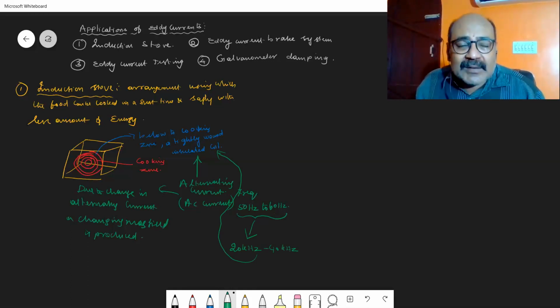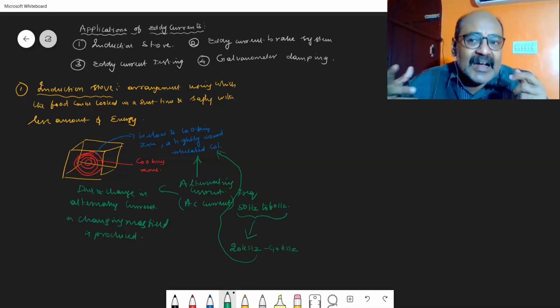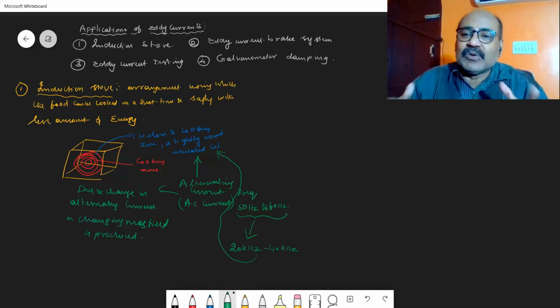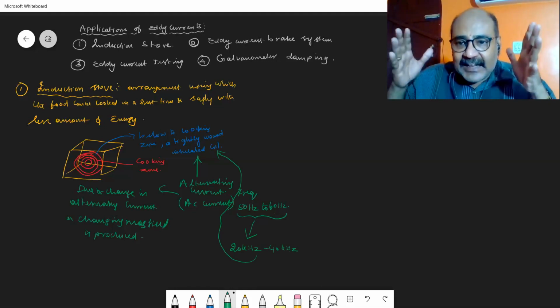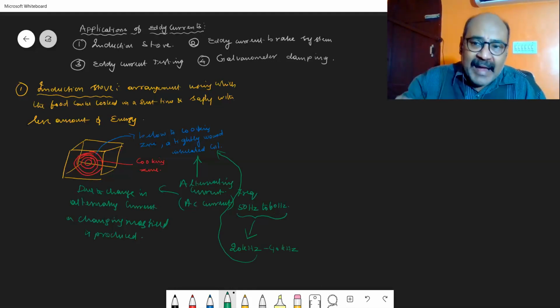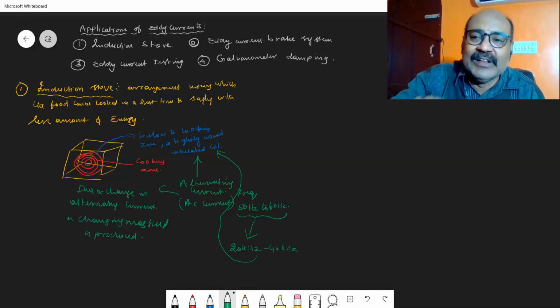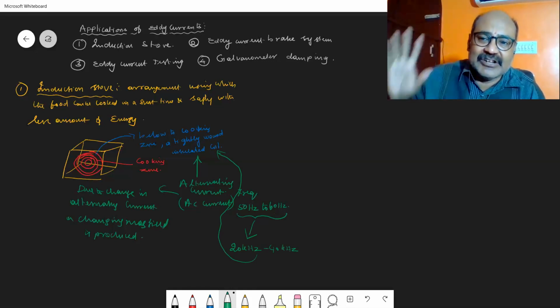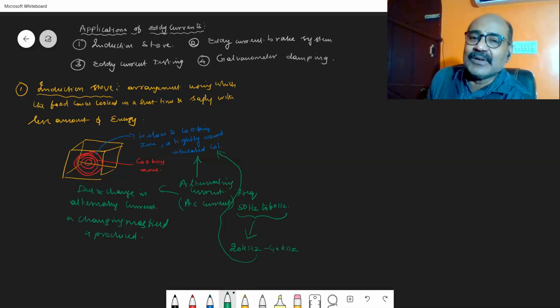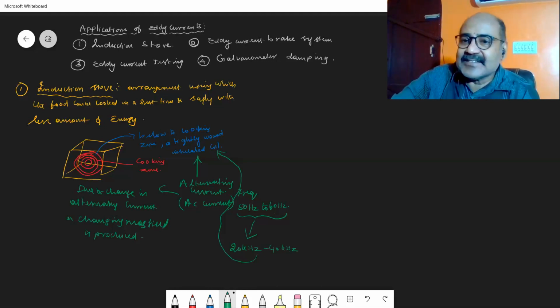So due to the large amount of induced EMF, in the form of eddies or circulating currents, a large amount of heat energy is developed. That heat energy makes the food cook within a short interval of time safely and also with less amount of energy. This is what we call the working of the induction stove.